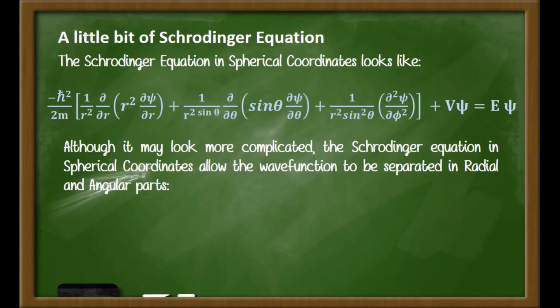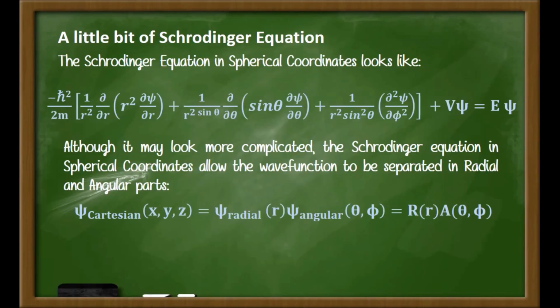Being represented in spherical coordinates gives the Schrodinger equation one certain advantage: it can be broken down, or divided, or separated into angular and radial parts. This is a very important part that will be really important for us to understand where the quantum numbers come from.